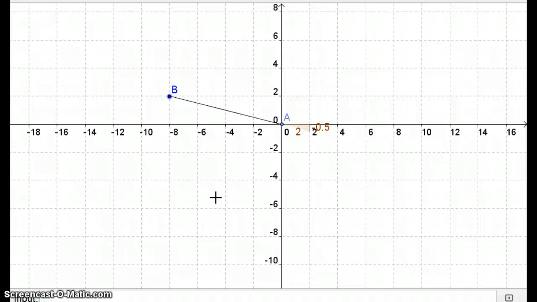It's 2/8, which is -0.25 or -1/4. Keep going. This one. Either negative a half or negative 4 over 8, which is a half.